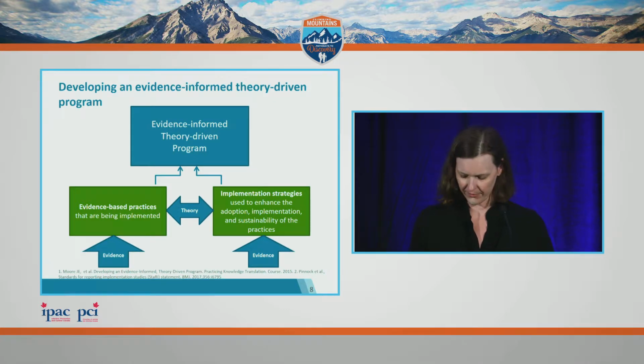So for our purposes, we created an evidence-informed, theory-driven program for long-term care homes that includes evidence-based practices that collectively address a problem, and that problem is the concern around the prescribing for presumed UTIs. And then it included implementation strategies that can be used to support those practices.